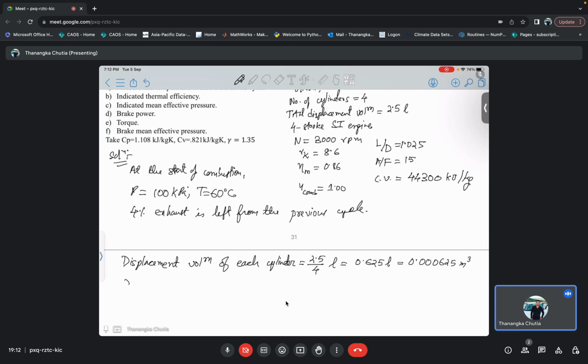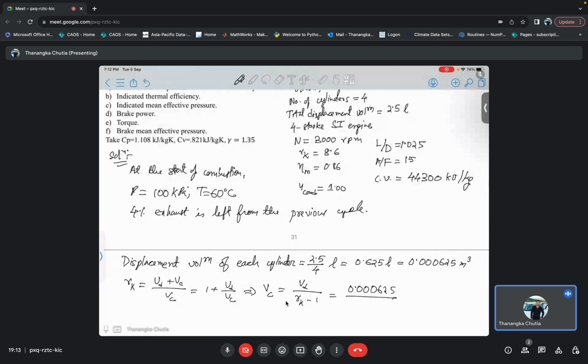Now we know that compression ratio Rk is (Vd plus Vc) upon Vc. That means 1 plus Vd upon Vc. So from here, clearance volume Vc will be equal to Vd divided by (Rk minus 1). So what is Vd? Displacement volume is 0.000625. What is Rk?